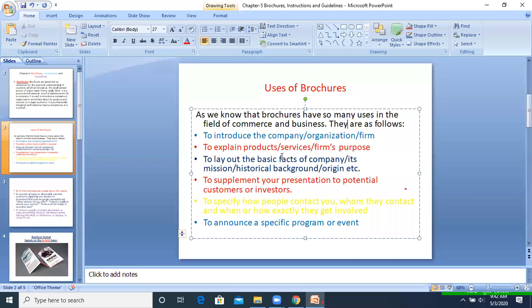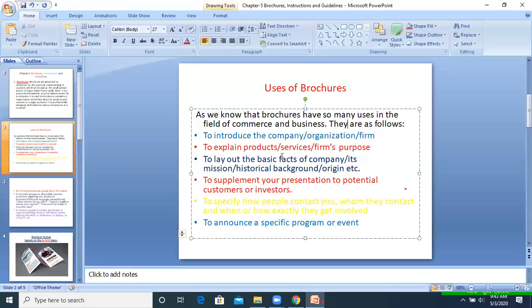Second one, to explain products, services, firm's purpose, we can use the brochure. Suppose you are the boss of one of the companies and you produce so many products. You are giving many services to people or different kinds of clients. What services you are serving and what products you are producing and what the purpose of your organization is, they all are explained by the brochure.